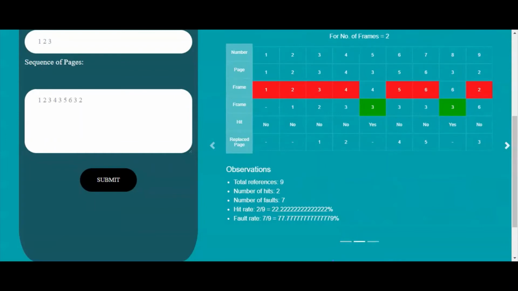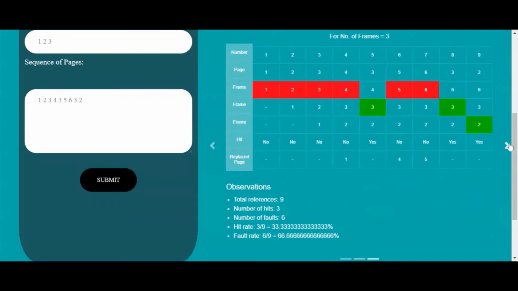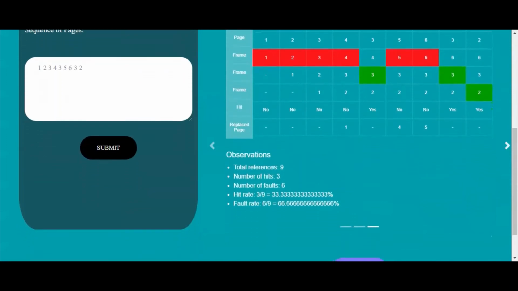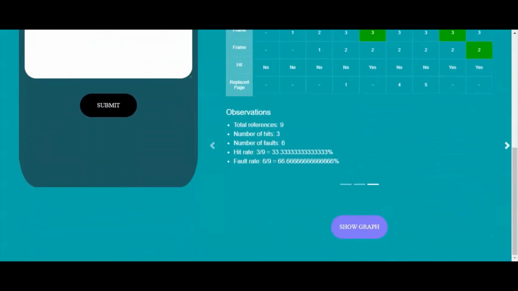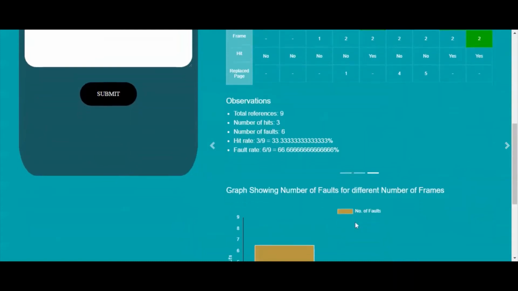Now, when the number of frames increased, you could see that the fault rate has decreased to 77.79%. And with a further increase in the number of frames, the fault rate has decreased further to 66.66%. If you want to see a comparison, we could see the graph.